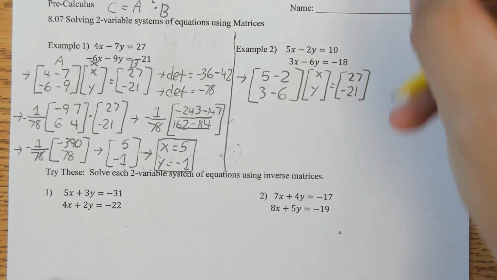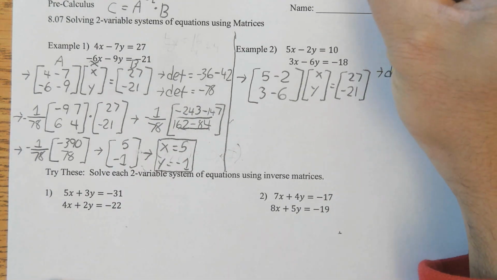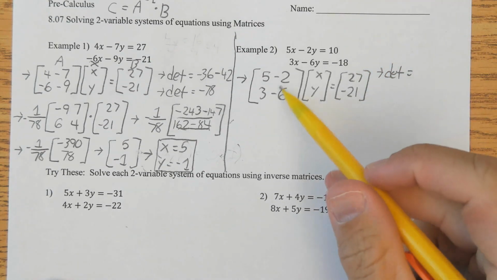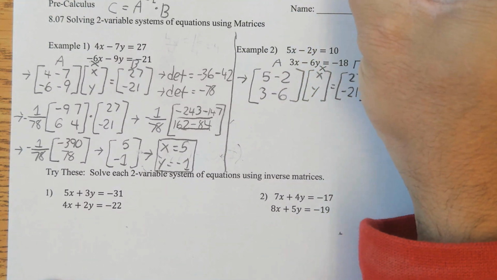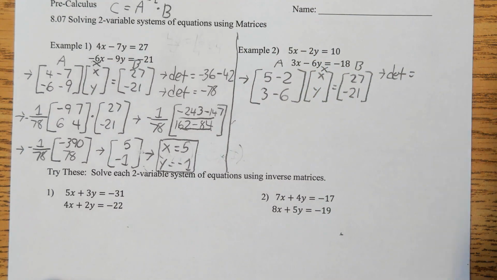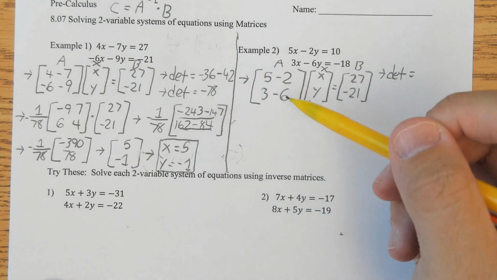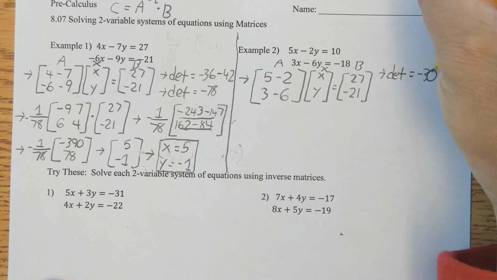So now the next thing is we want to find the determinant. Again, I'm looking at A. Here's A. Just call this X, and there's B. Okay? So our determinant, 5 times negative 6, negative 30.